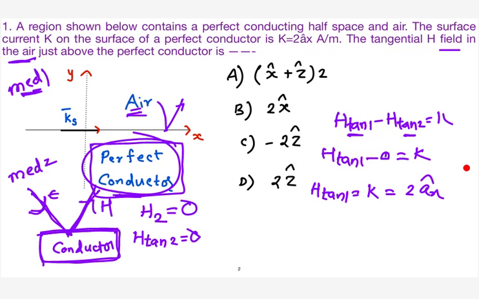But you have to be more careful here. The direction of the magnetic field intensity will not be the same as the direction of current. What I told you in the case of surface current, can anybody tell me what is the direction of the magnetic field in terms of surface current? Or not only surface current, what will be the direction of the magnetic field generally?